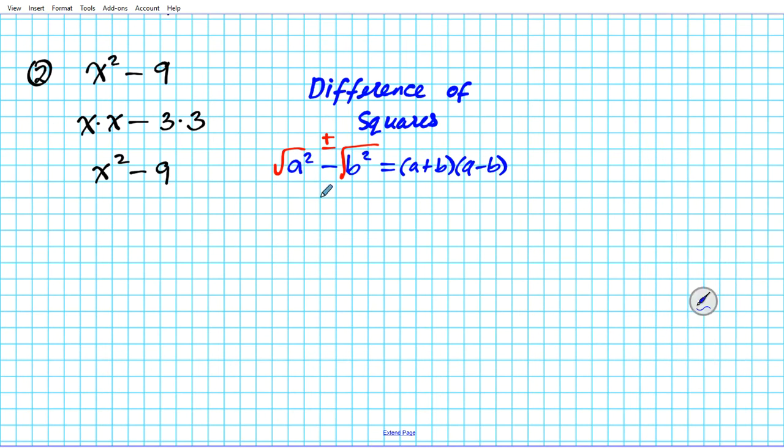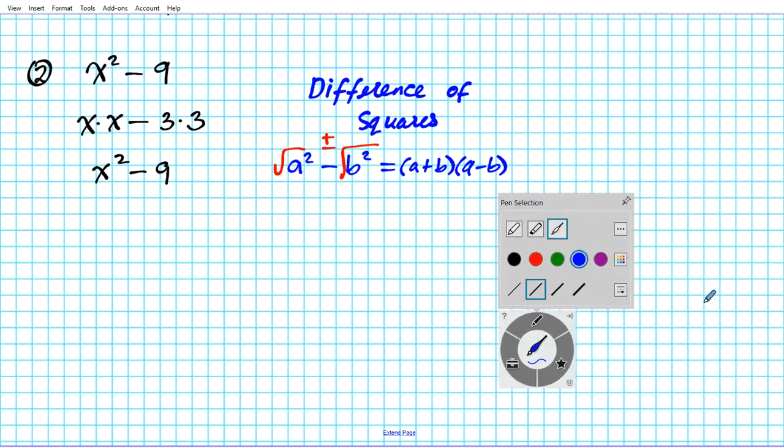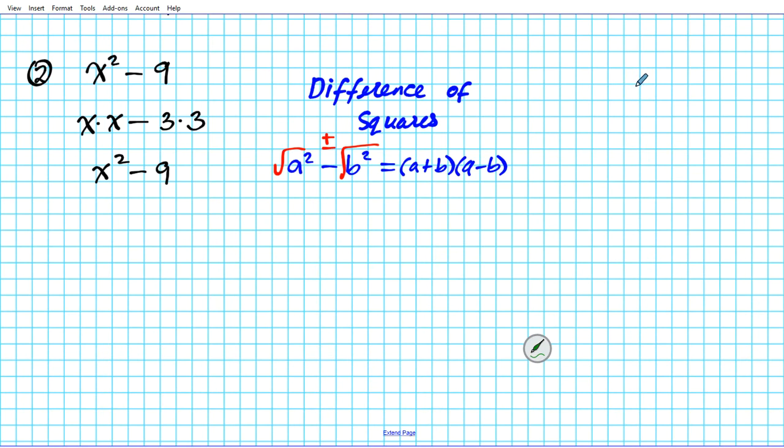Now let's take a look at this problem we have here. Is x squared a square? It certainly is, since x is being squared. How about 9? Is 9 a square? Let's take a look at a list of some of our squares. So what is the smallest positive square?